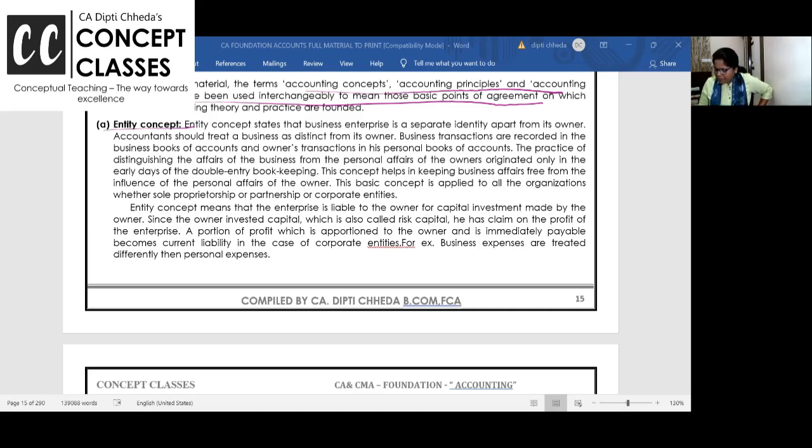Drawings account debit to cash. Money is going out of the firm. If you're paying your son's school fees, if you're paying your wife's traveling expense, they are your personal expense. So this concept says, keep the business and the personal separate.